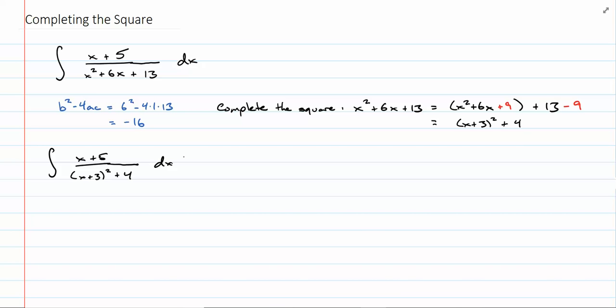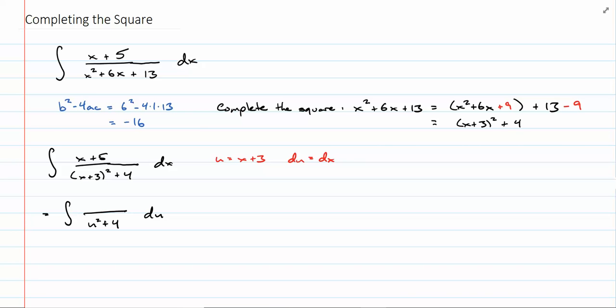Okay. Now I'm going to do a little u substitution. I'm going to let u equal x plus 3. That will make that denominator just that much simpler. If I do that, du would be dx. So now on the bottom, I've got u squared plus 4 du.